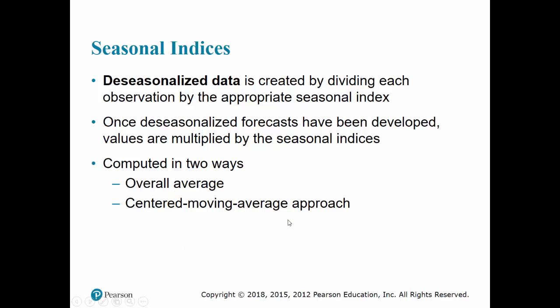Simple averaging won't work because the average will include trend as well. So we have to use what is called the centered moving average approach. First, let's look at a case where there is only seasonal and random, no trend. Then we will be using the overall average approach.